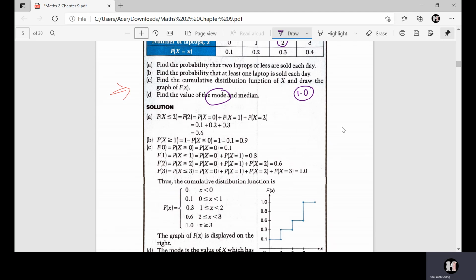For a discrete random variable, the equal sign is very sensitive because it carries meaning, not like the continuous case where it is meaningless. When x is less than 0, nothing happens. From 0 before you reach 1, it is 0.1. And then from 1 before you reach 2, you sum these two.